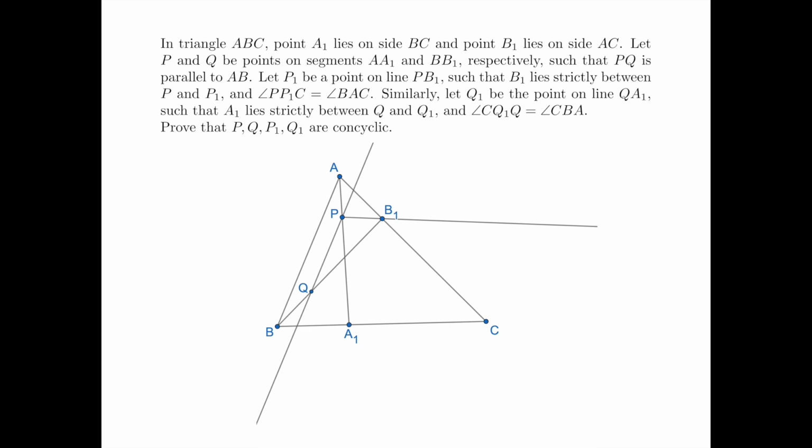Next, we construct a point P1 on the line PB1 such that the angle PP1C equals the angle BAC. And similarly, we construct the point Q1 on the line QA1 such that the angle CQ1Q equals the angle CBA. Then the claim is that P, Q, P1, Q1 are concyclic.